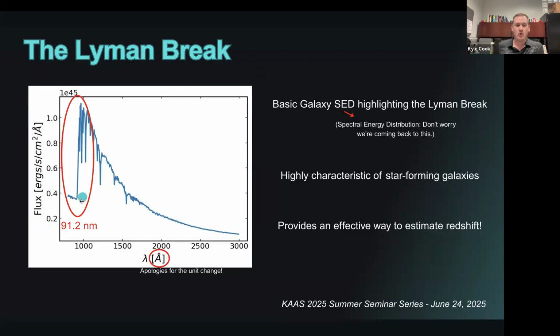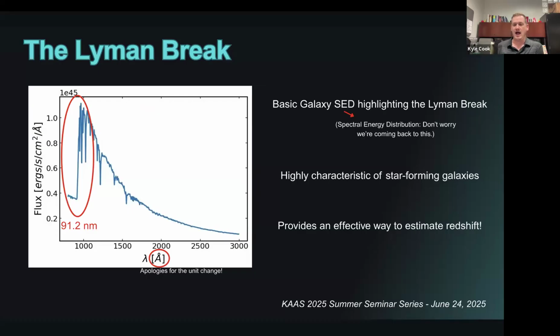So once you go blueward of 91.2 nanometers, you have completely ionized hydrogen and you're no longer getting those neutral hydrogen transition lines. So you see this stark drop here because, as we all know, hydrogen is the most abundant element in the universe. Once you remove your signal from hydrogen, you get a pretty stark decrease there.